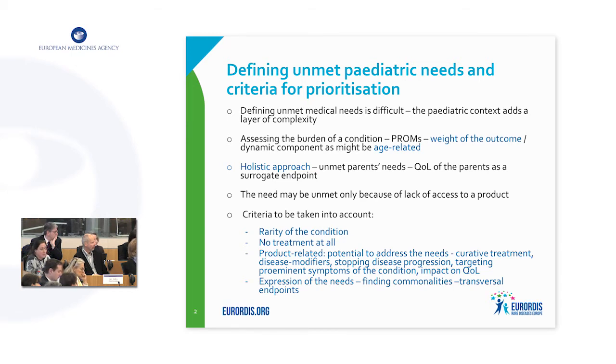Then I think we also need to consider this approach to the needs more broadly, by trying to look at the unmet parents' needs, because that's a very important component, how the parents are coping with the disease of their child. And even the quality of life of the parents might be considered as a surrogate endpoint in the clinical study, I do believe.